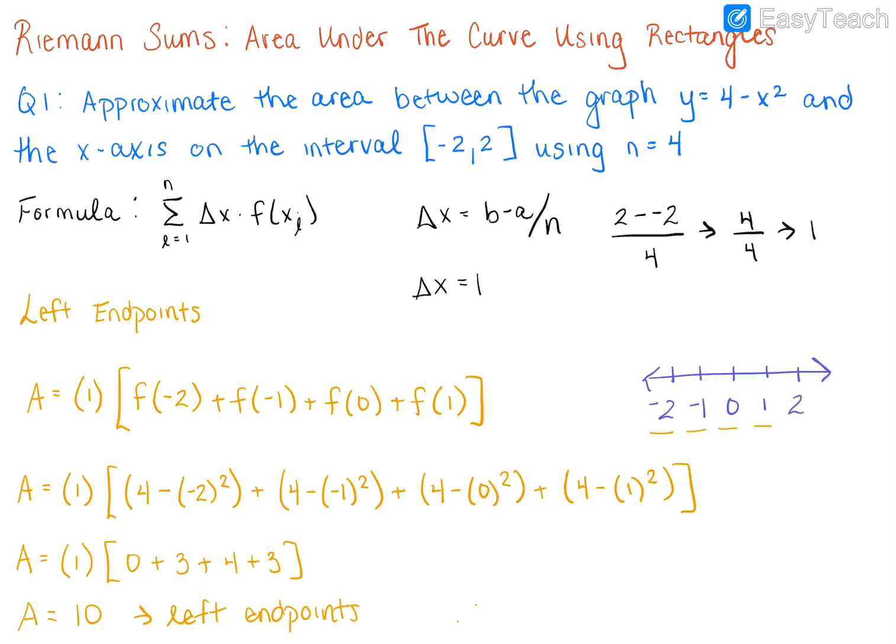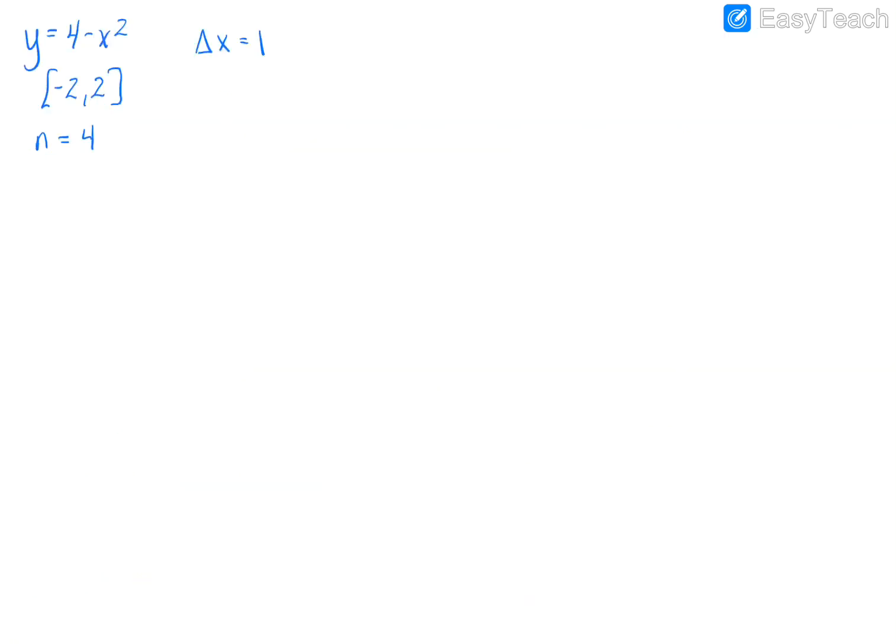So we're going to go to the next page and do the right endpoints. So once again, we want to start with that number line, plotting our points. So we have -2, -1, 0, 1, and 2. Except this time, we want to take for right endpoints the 4 rightmost points. So 2, 1, 0, and -1.